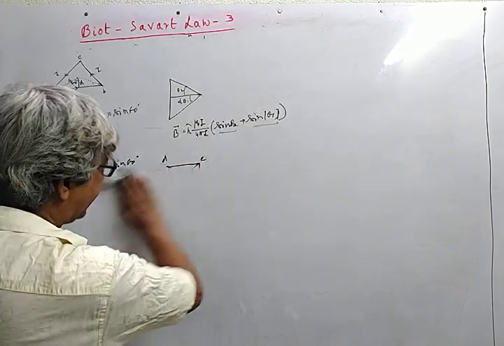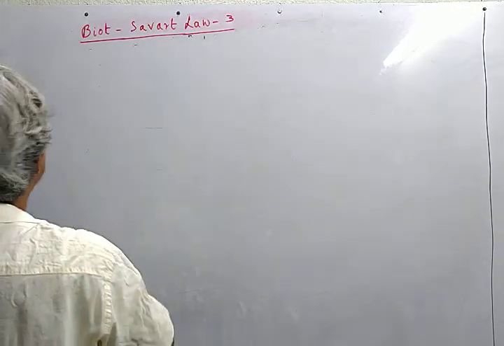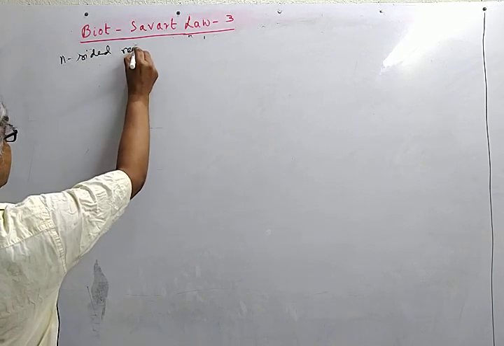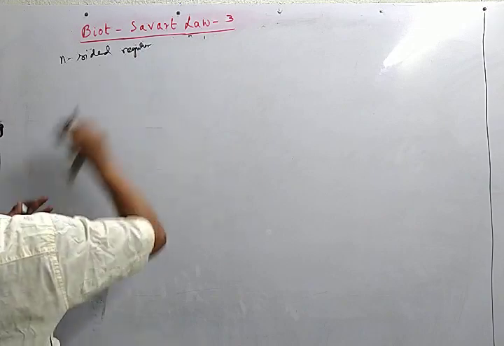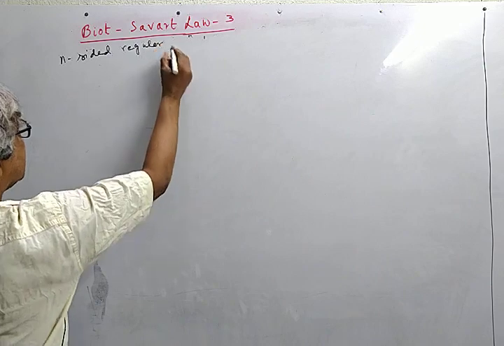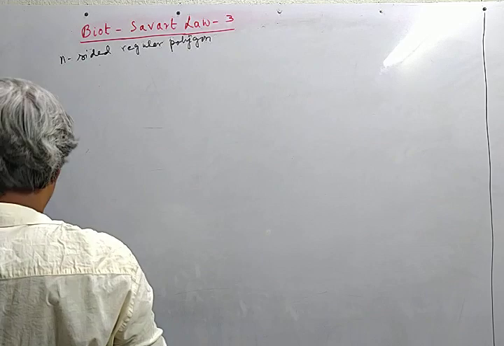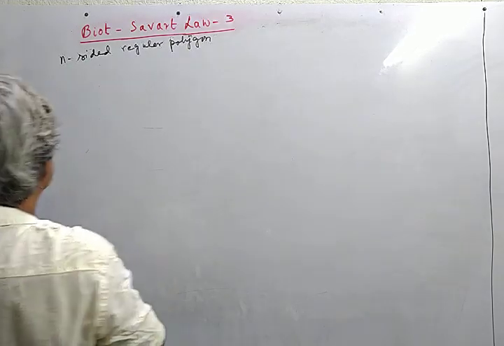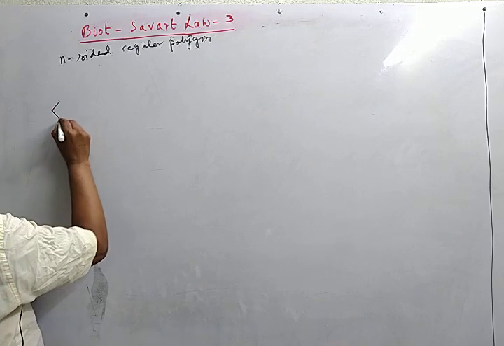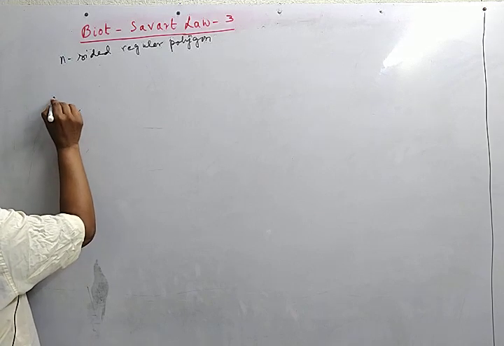Let us come to an n-sided regular polygon. The polygon is like this, and it carries a current.